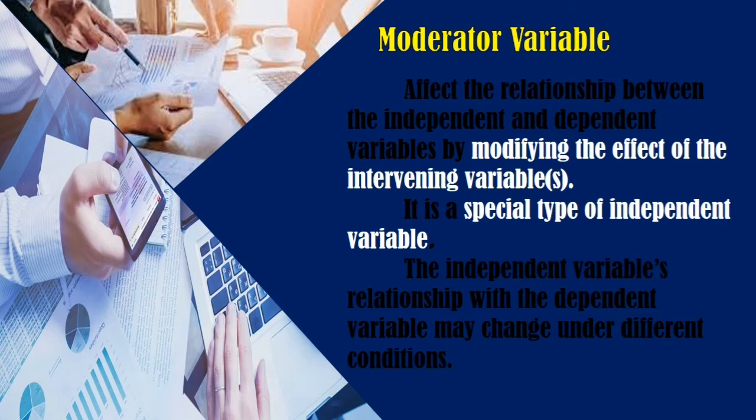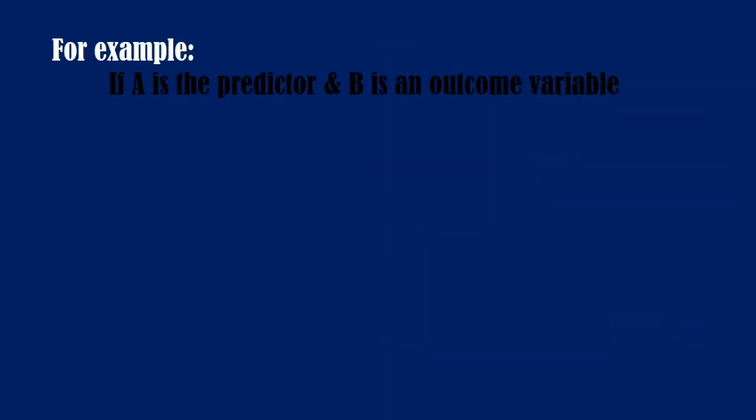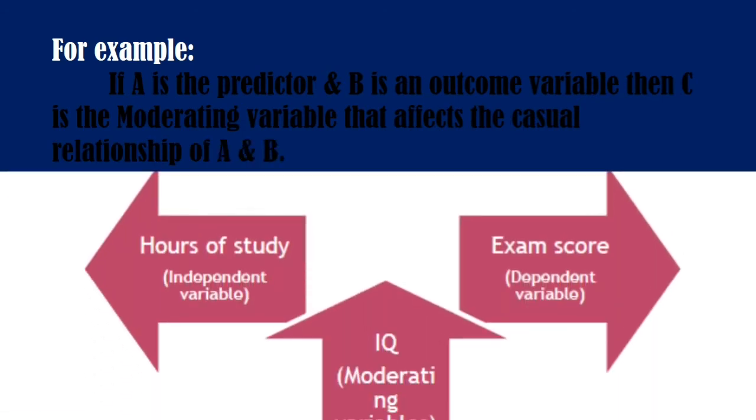For example, if A is the predictor and B is an outcome variable, then C is the moderating variable that affects the causal relationship of A and B.